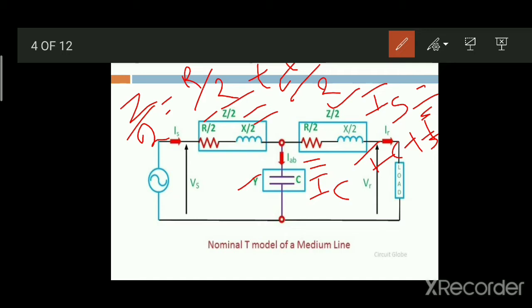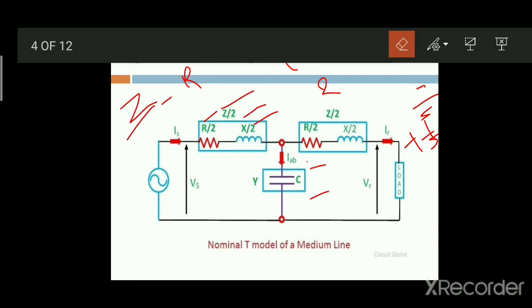This is the equivalent circuit diagram for the nominal T method.